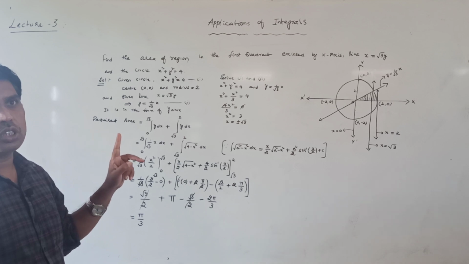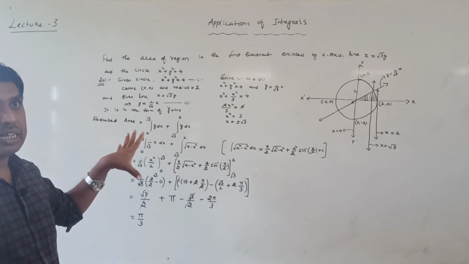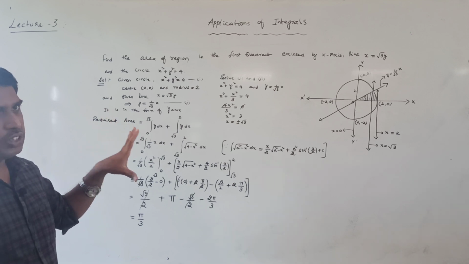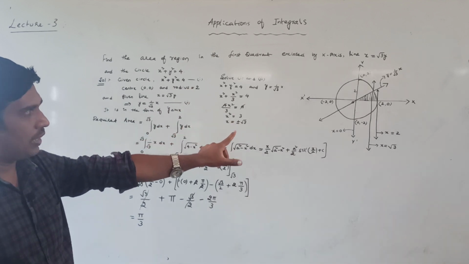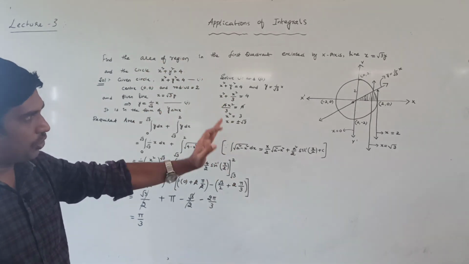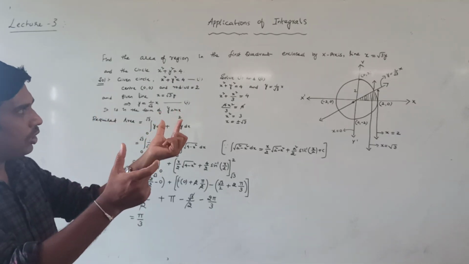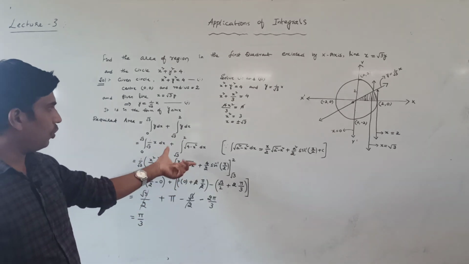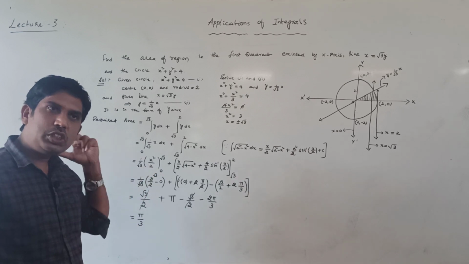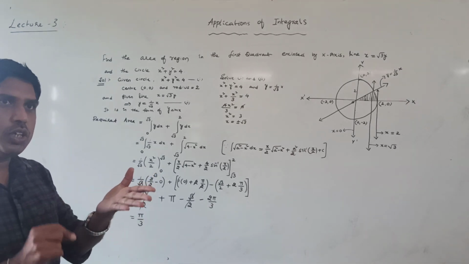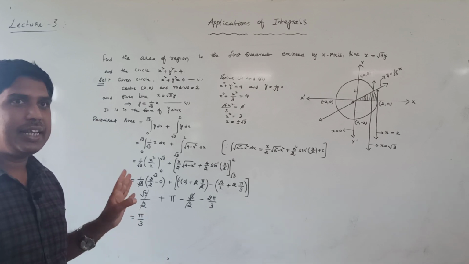Once you go through this problem again, observe what the question means, how the diagram is drawn, which part we have to find, why the total area was divided into two parts, how those two parts are found separately, which formula is applied, and how to evaluate. Once you go through the problem and solve it on your own without looking at the solution, you will get an idea about it.